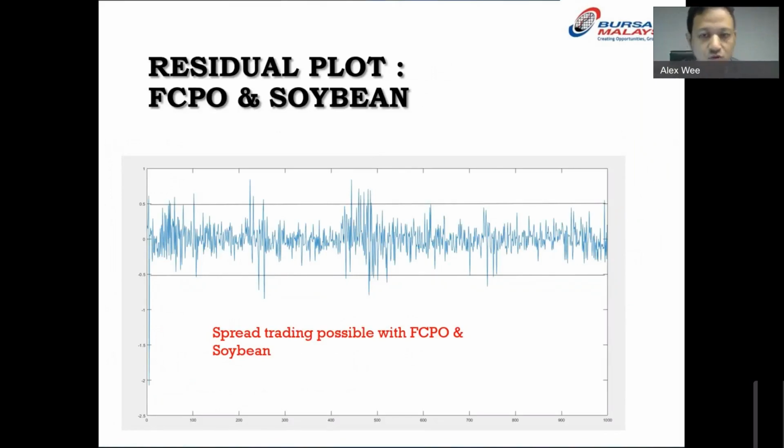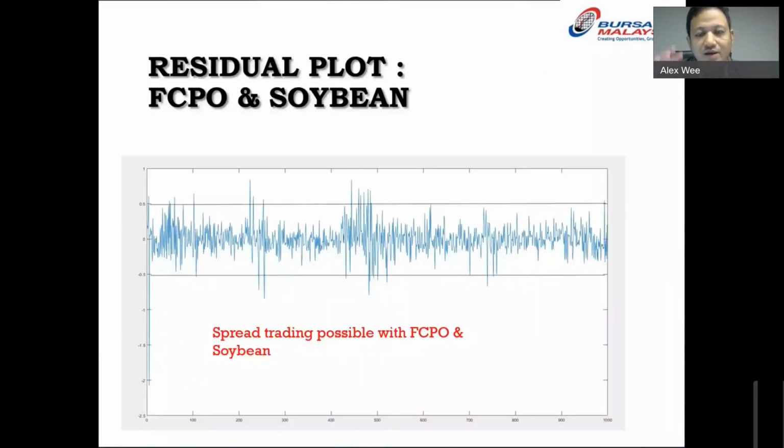Those are locals, they will know what I'm talking about. So spread trading with FCPO and soybean is possible, and that is the residue plot. That's the reason why I brought up last lesson's residue plot, because it will be applied to this lesson as well. That's how you can do spread trading with FCPO and soybean as an intermarket analysis and intermarket trading strategy.